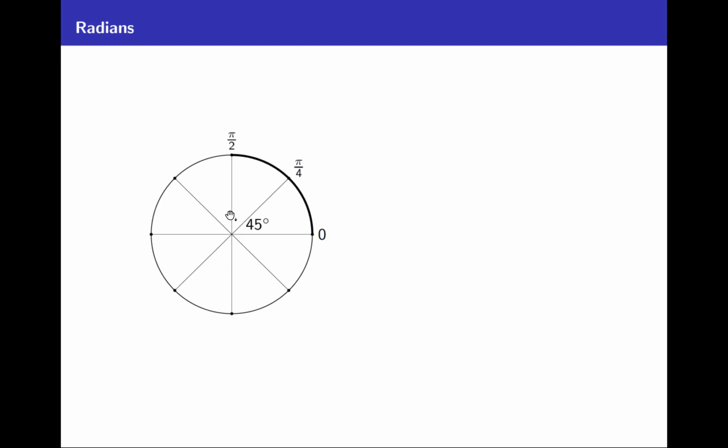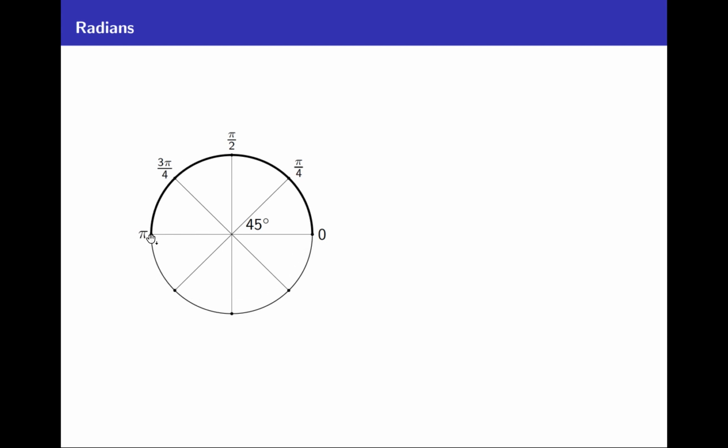If you did 3 times pi over 4, that's going to take you to 3 pi over 4 radians. And that's, what, 135 degrees. And 4 times pi over 4 would be pi. So 180 degrees is pi radians. And that makes sense because the unit circle, we said, had a circumference of 2 pi.